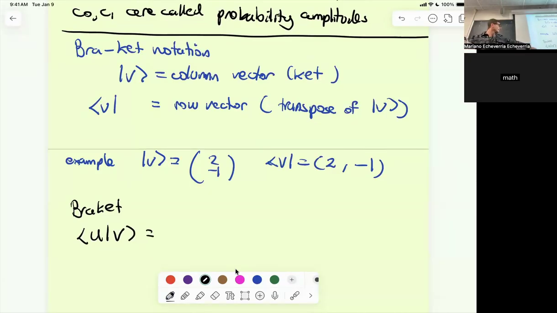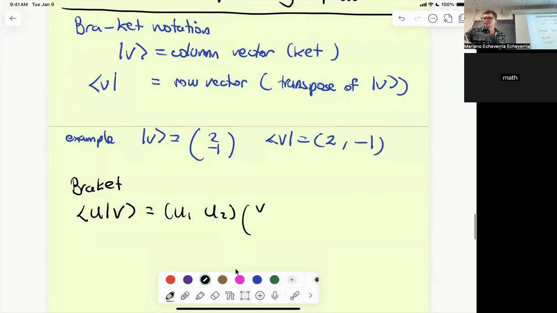A bra and a ket again correspond to a row vector, and let's work with vectors having 2 entries to make my life easier. What do you get here? You get Q1V1 plus Q2V2. You just get the inner product. So the bracket is the inner product.